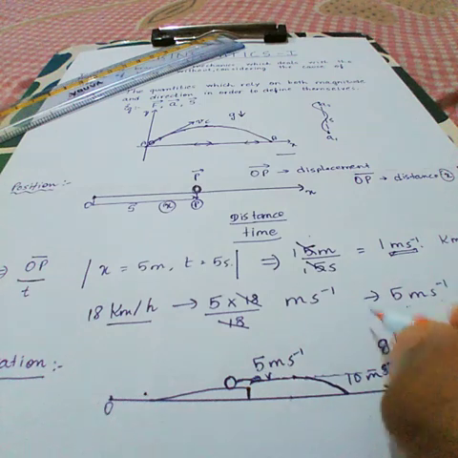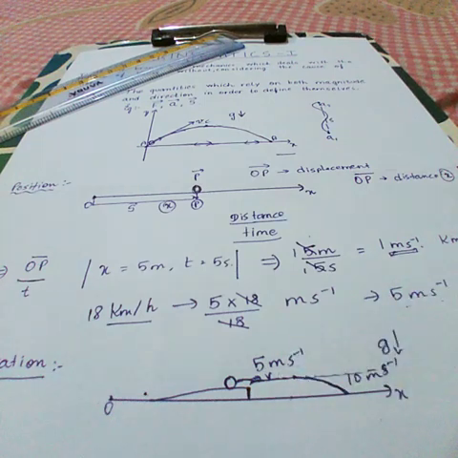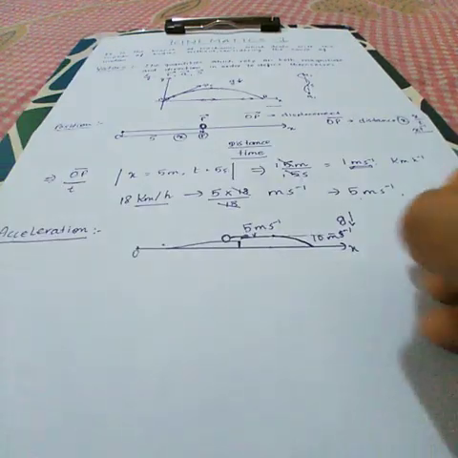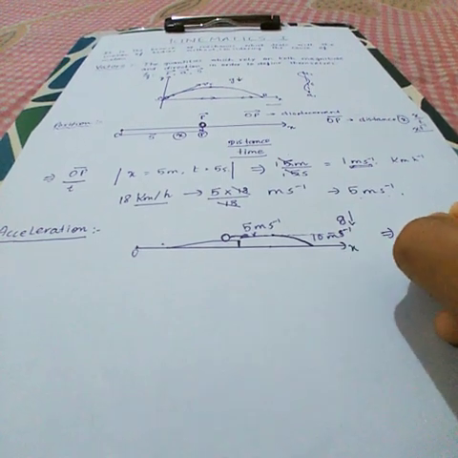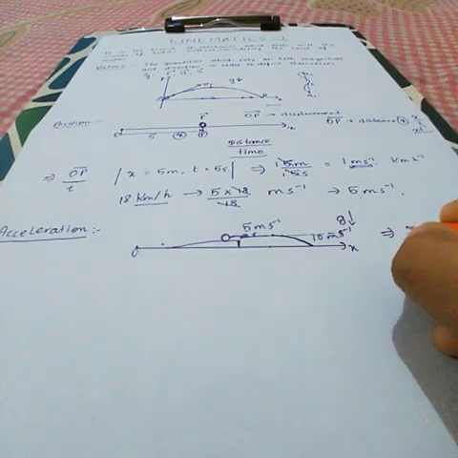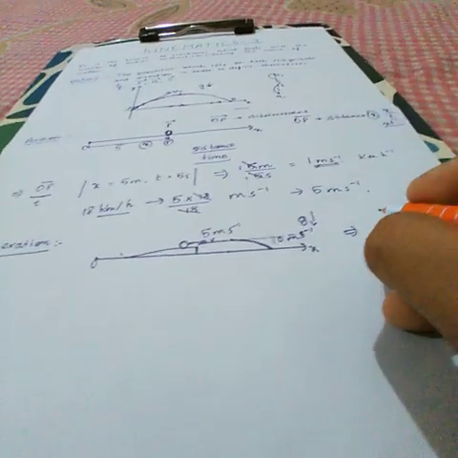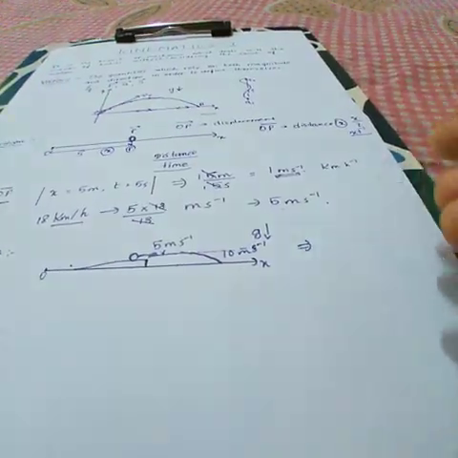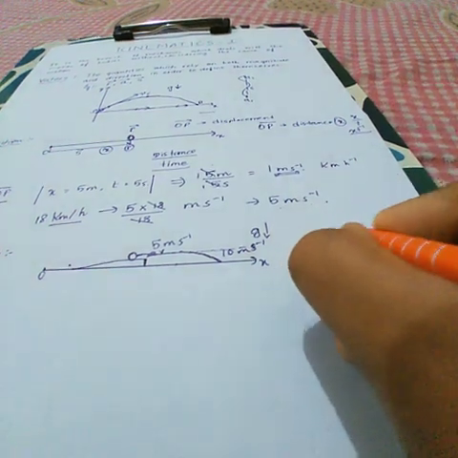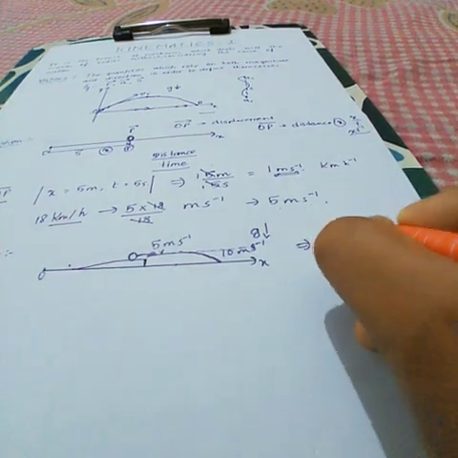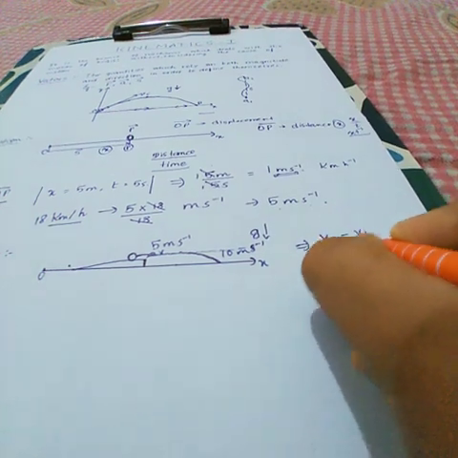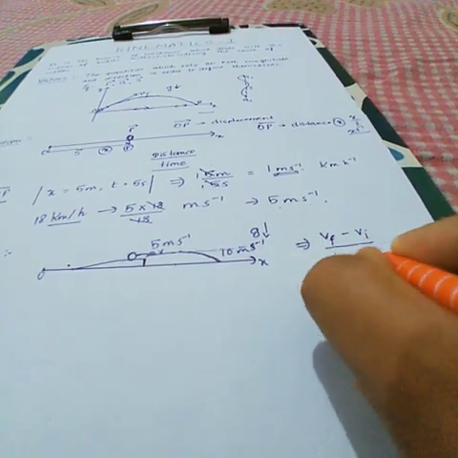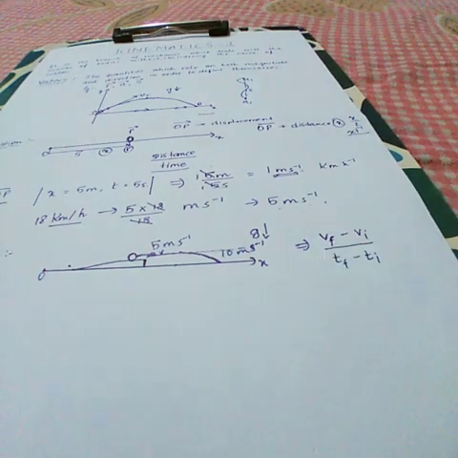So this change of velocity, this change of velocity with respect to time is known as acceleration. Simply acceleration. So acceleration is defined as rate of change of velocity, which means that final velocity minus initial velocity. We can write it as final velocity minus initial velocity by final time minus initial time.